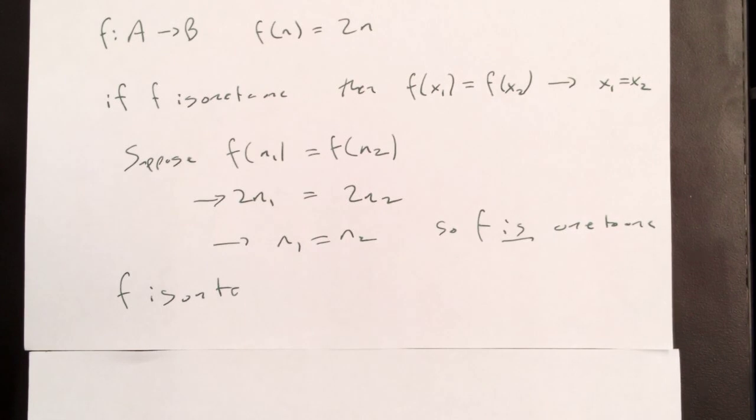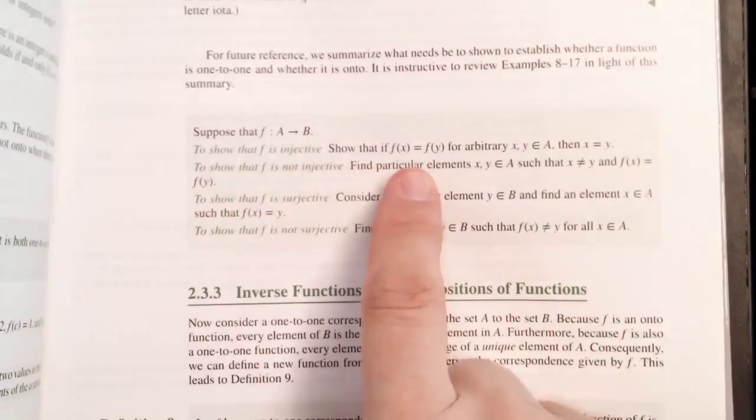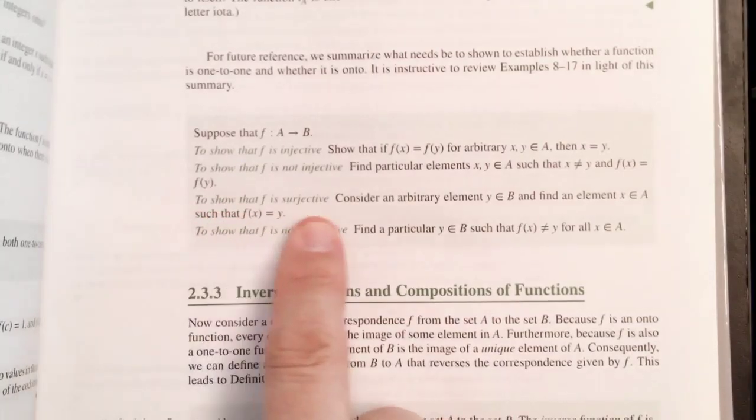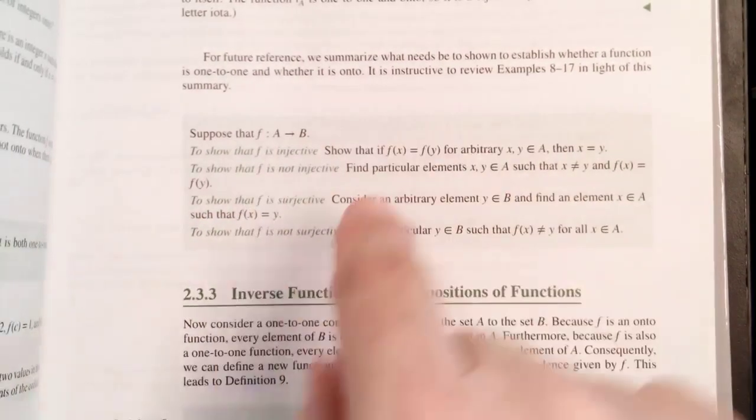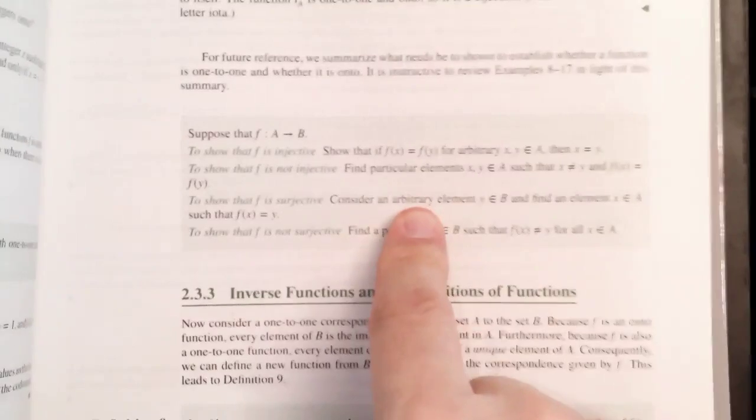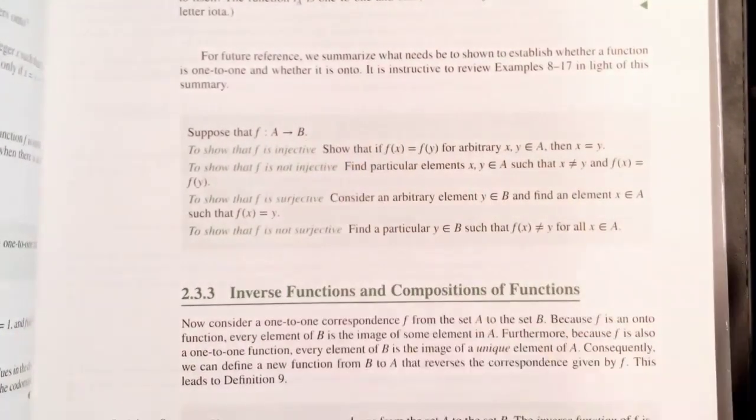Page 153. To show that f is one-to-one. To show that f is onto. That was the hint dropping. Gee, I think something should go in your formula sheet.